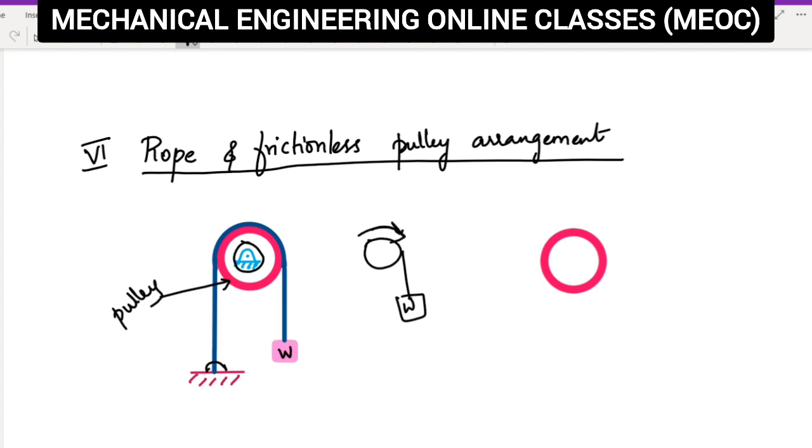If I want to draw the FBD of the pulley, what reactions do we have to show? There is a weight from this point acting vertically downward, so that is W. Now there will be a tension here, right? This rope is attached at some point here, so there is a tension.